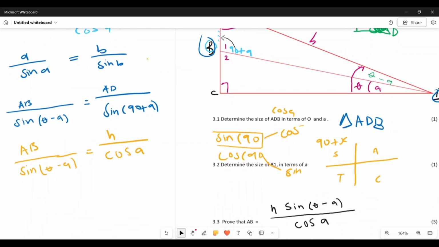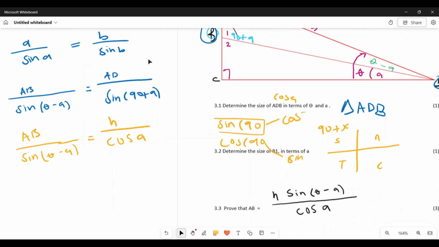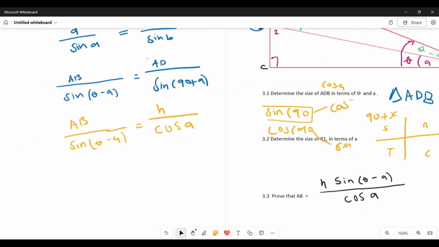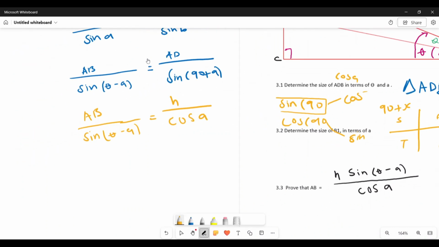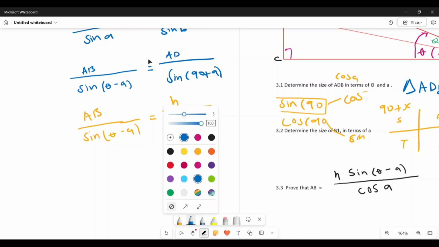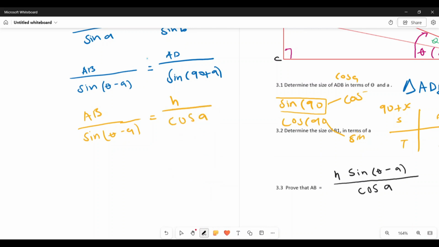Now I need to simplify this and make the equation in terms of AB. How can I go about doing that? I simply need to multiply both sides by sine theta minus A, so that these two can cancel out one another, and on this side I would be left with AB.